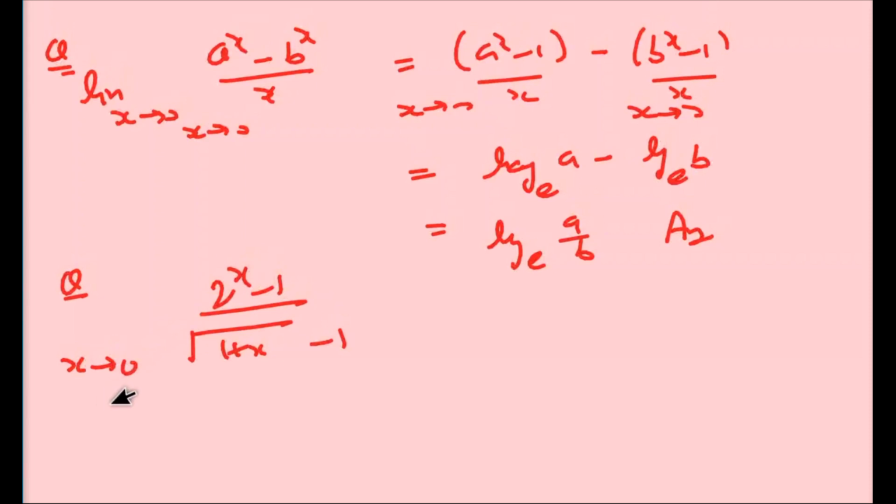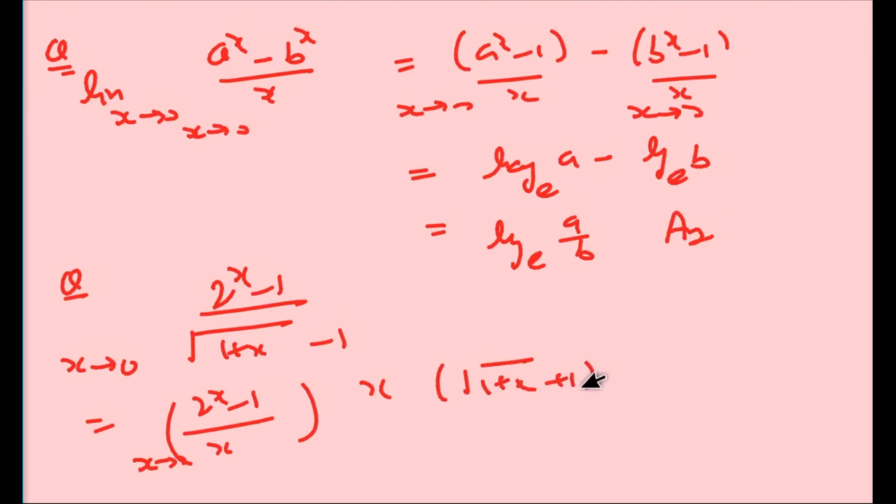We can write here this x, dividing by this x separately, this one is the separate formula. Now by multiplying the conjugate of this, root 1 plus x plus 1, we can find here root 1 plus x whole square minus 1 square.